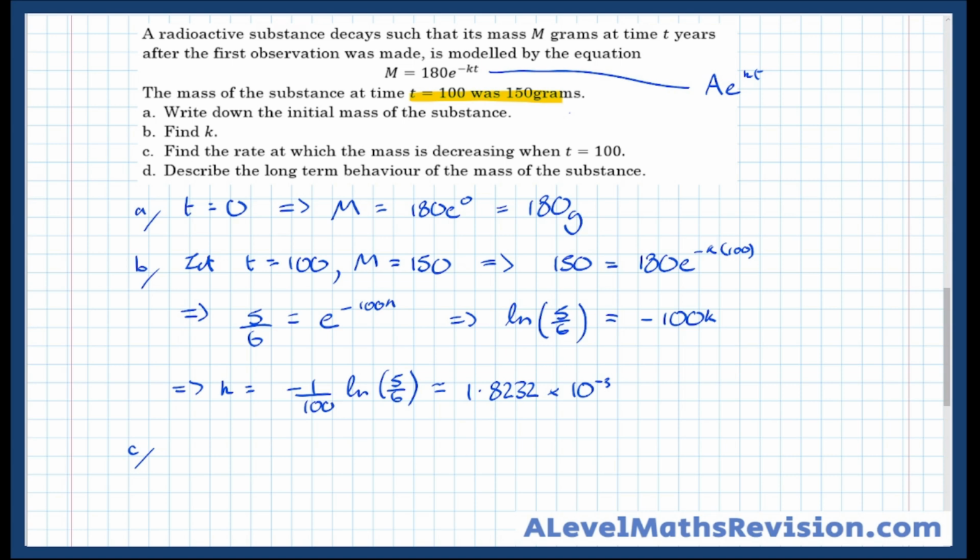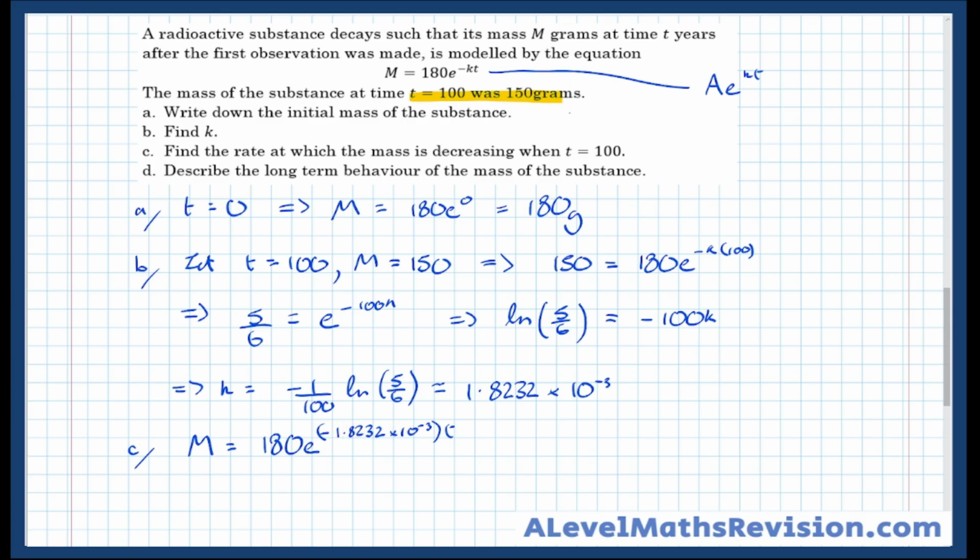We'll write down the equation first of all. So m equals 180e to the negative 1.8232 times 10 to the negative 3 t. And the rate equation, remember, is the same thing back, but just multiplied by this number here.